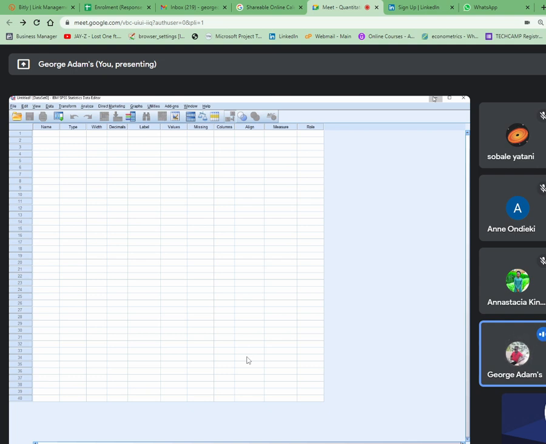So if you're comparing or checking the relationship between categorical variables, then I think this time I'll clarify, your categorical variable should have two groupings. So you will do a test of association.